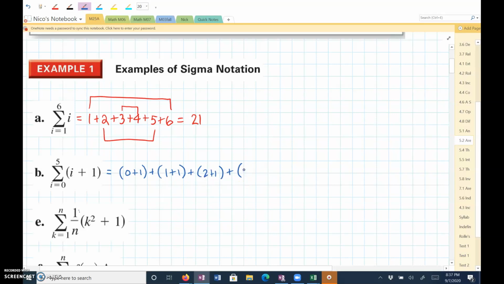Then you would do 3 plus 1. Then you would do 4 plus 1. And then finally, we would do 5 plus 1. So we're going to end up getting 1 plus 2 plus 3 plus 4 plus 5 plus 6, which is just like the previous problem, which would be 21.